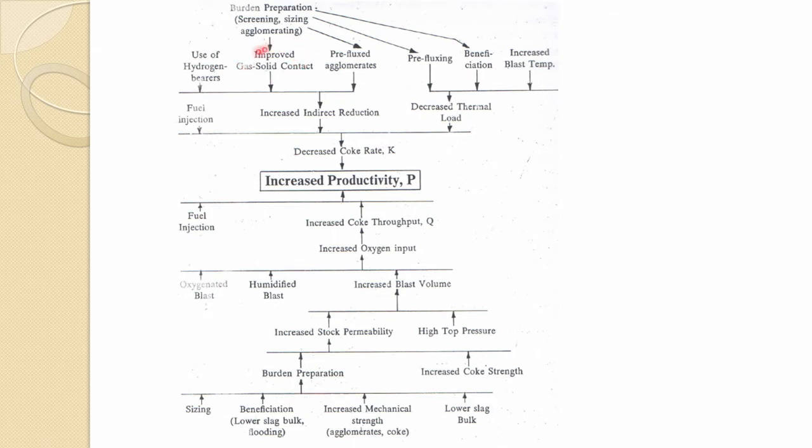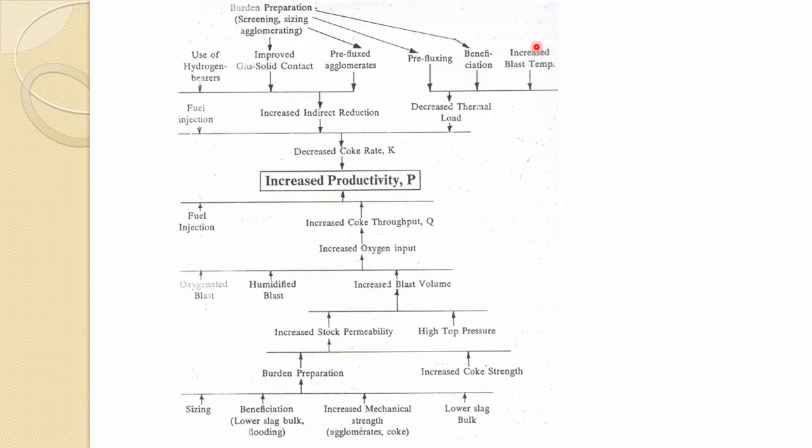If surface area can be increased while keeping the proper size of the material, you get self-fluxing agglomerate. So, you agglomerate and use the fluxing agent, and in that way also you can decrease the coke rate. For pre-fluxing you use agglomeration, sintering and other methods.